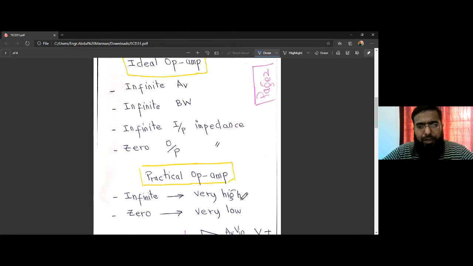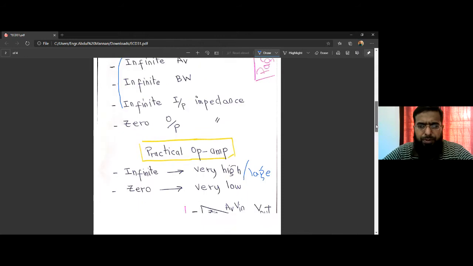Infinite is replaced with very high voltage gain, very large bandwidth, so it can work for a very wide band. Infinite input impedance means very high input impedance. So practically these three quantities are very large bandwidth, very high voltage gain, very high input impedance, and zero means very low, so the output impedance is very low.